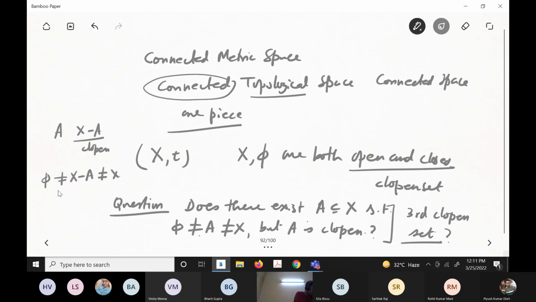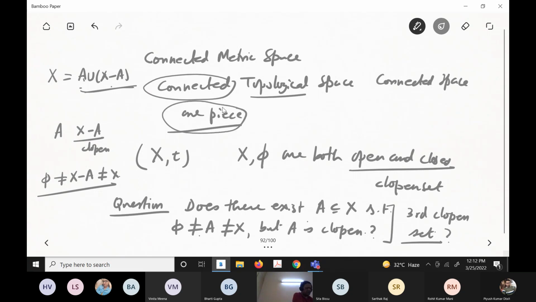That means if you have a third closed-open set, then you will have a fourth closed-open set. And consequently X can be split into A and X minus A. They are both open, they are disjoint. And that means two different pieces.